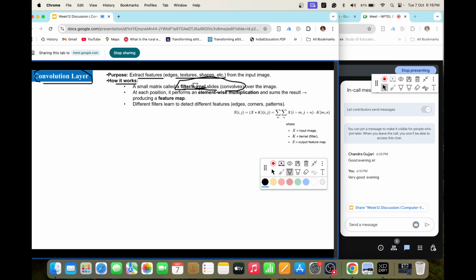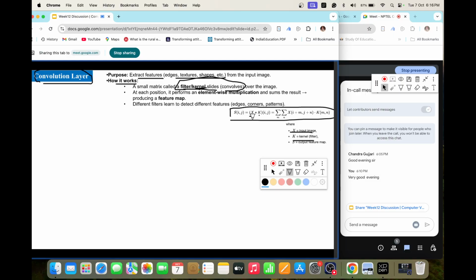After the filter convolves over the image, we get an output dimension, which we will discuss. So this is the convolution operation. You can see it properly: x is your input image, and k is your kernel filter.